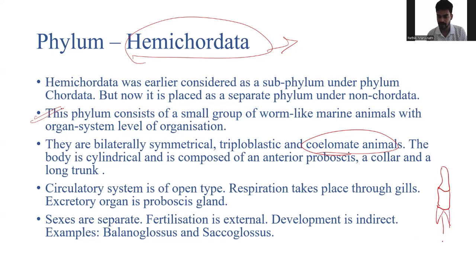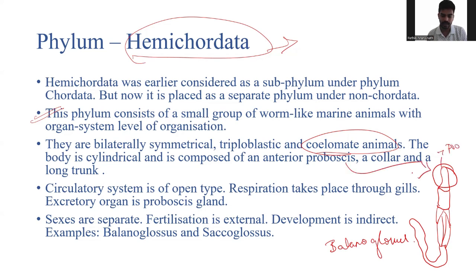I will definitely show you the picture, but I'm just trying to draw the diagram right now. Considering Balanoglossus as an example, the anterior part is called the proboscis.